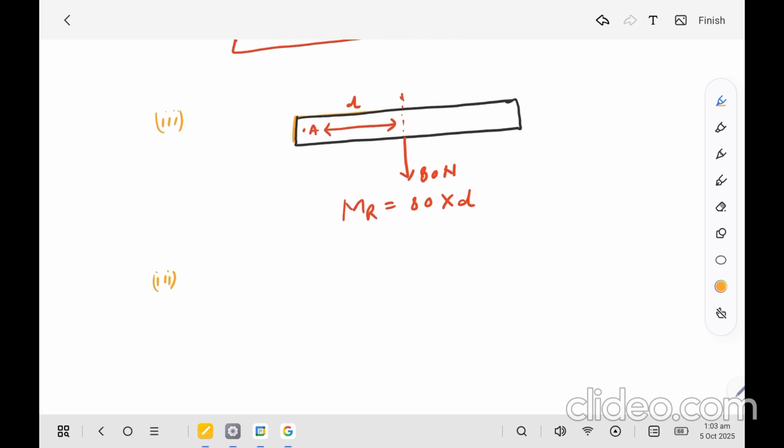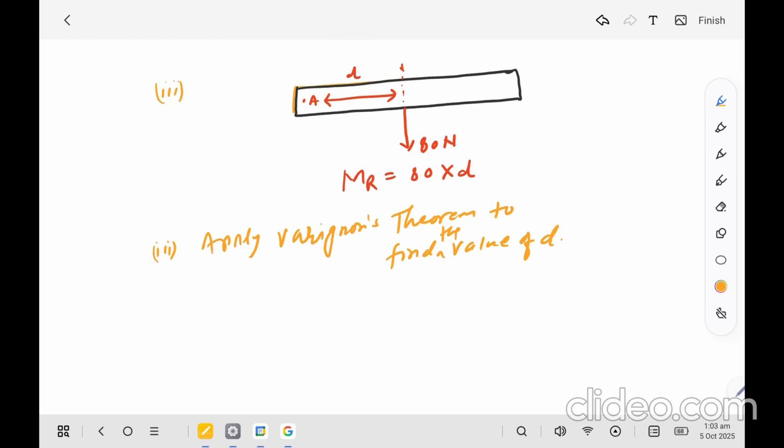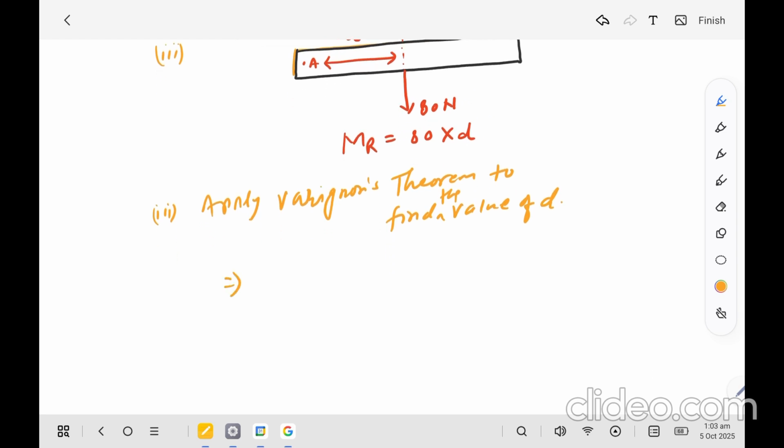Okay, so now we apply it to find the value of D. So as per Varignon theorem, this MR is equal to MA.